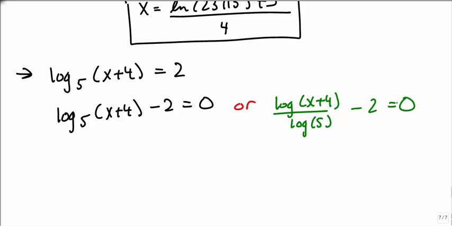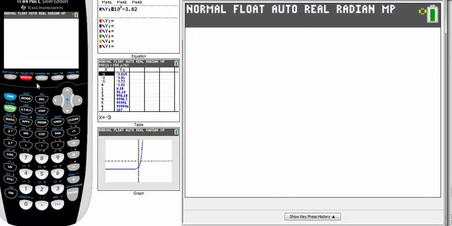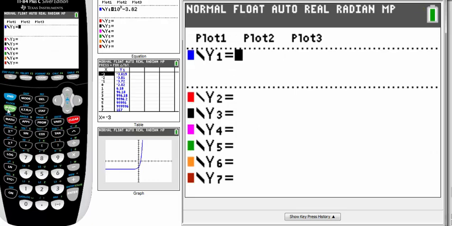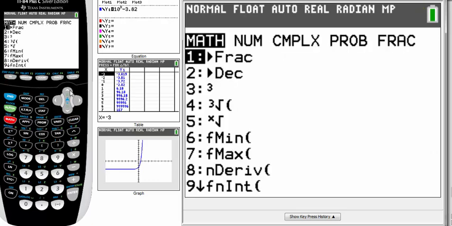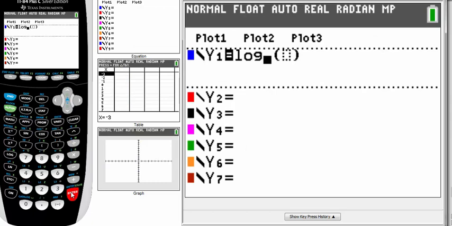So let's go ahead and think about graphing either one of these and coming up with a solution. I'll graph the one with the log key, just because we haven't done that one lately. If you have the log key, you'd go under Math and then scroll up or down until you get to the log base key. And if you don't have a log base key, you'll graph the other option, the log conversion.